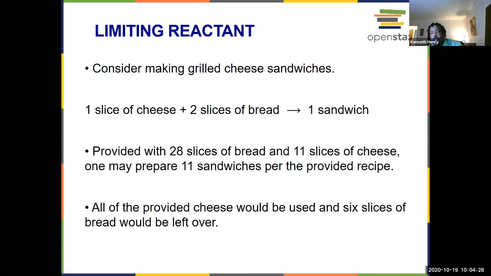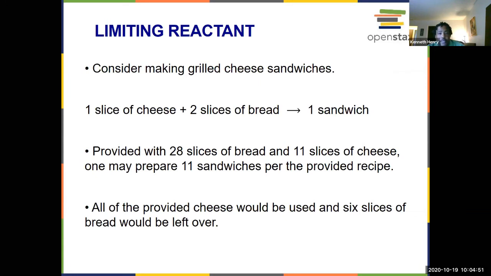I should have added a couple more slices of bread so we could have enough for everyone, but we're limited by the number of cheeses that we have. So in this case, our bread is going to be in excess. The cheese would be our limiting reactant or limiting reagent, and the bread would be our excess reagent.